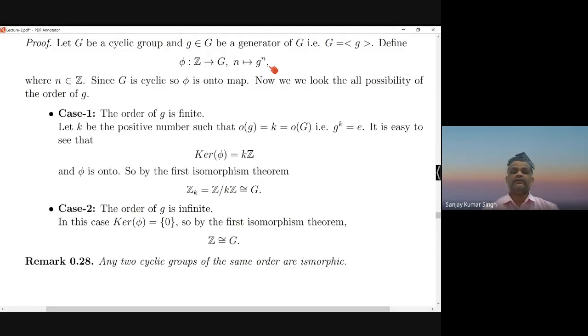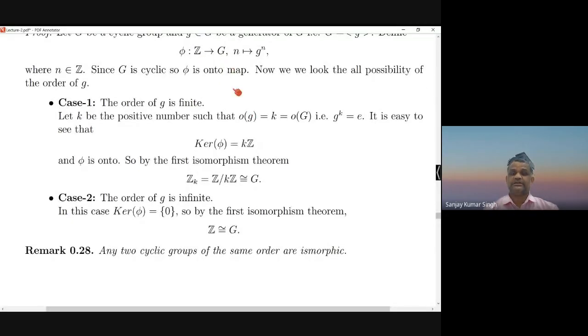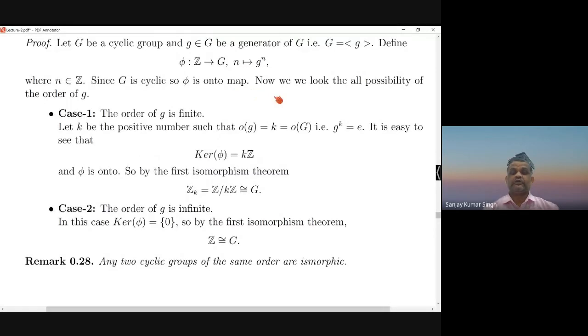So I have proved this map is onto, and my claim is that it is also a homomorphism. Homomorphism is very much clear. Why?